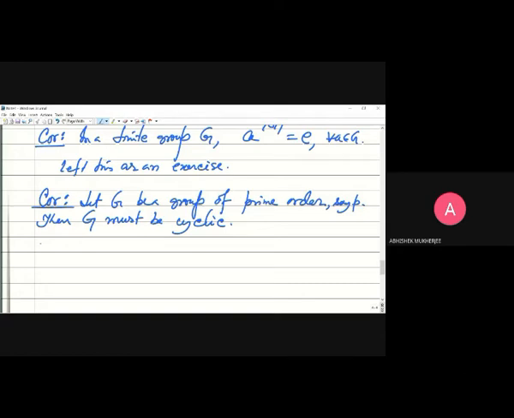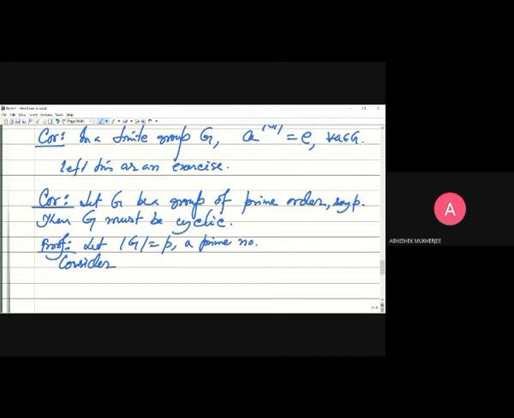Okay, so what is the proof? So let order of G be p, a prime number. Now since this group is of prime order, it must have at least two elements.